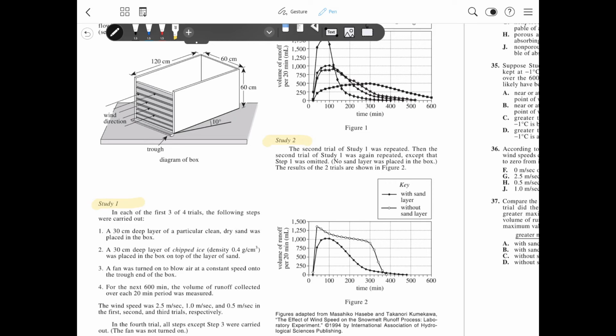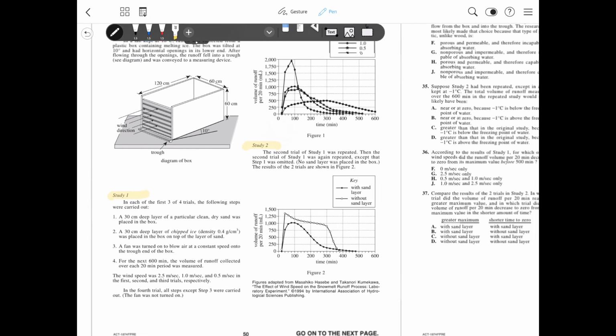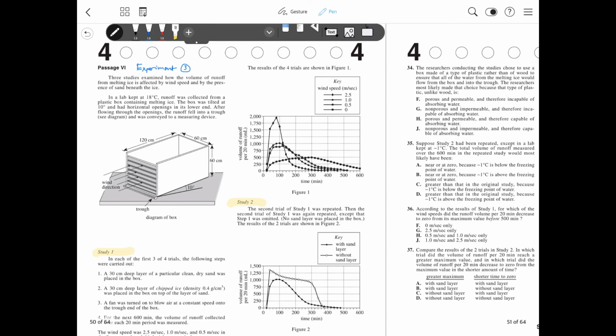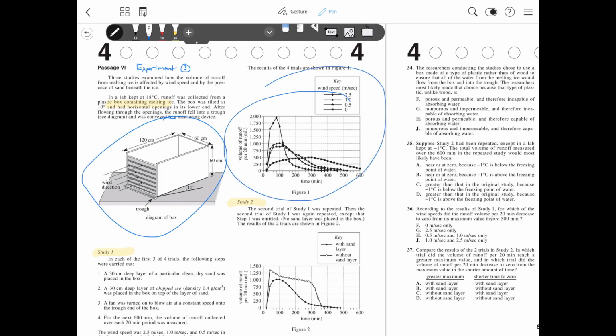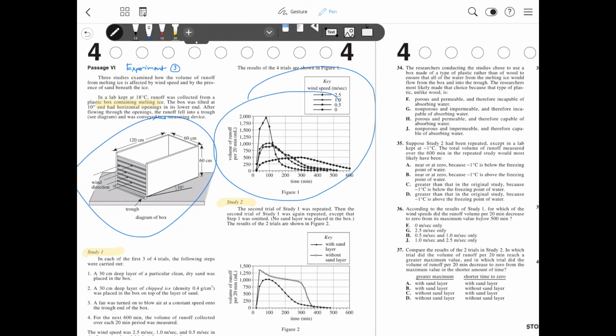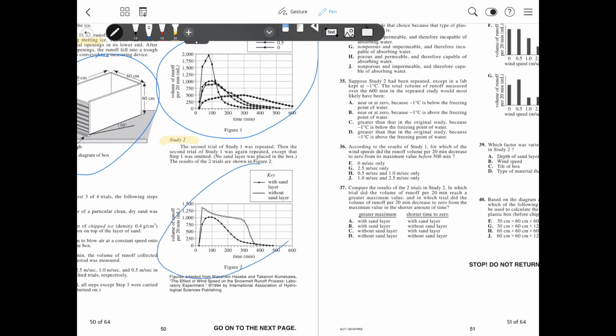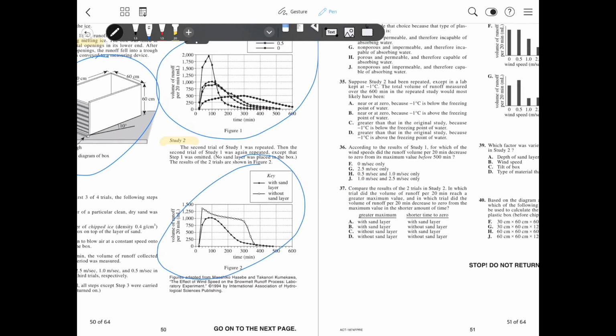Here the words study and experiment are interchangeable, but if you see multiple study or experiment labels, you know that you're on the experiments passage. Again, we have a lot of data representation. Here we have a diagram, and we also have a beautiful graph right here and another one right here.